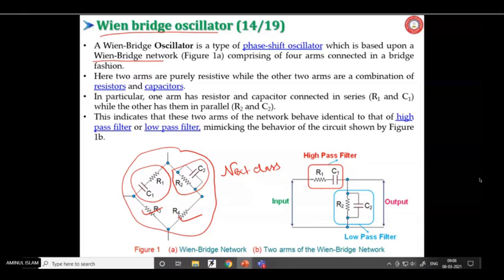You can see here that output is taken across the parallel combination of R2 and C2, and this parallel combination actually is a low pass filter, if you can visualize it, and the R1C1 series combination acts as a high pass filter.